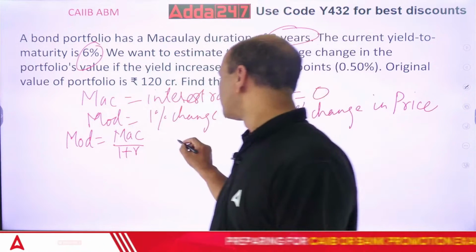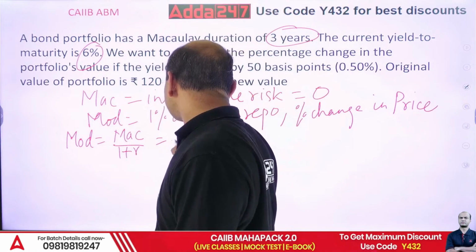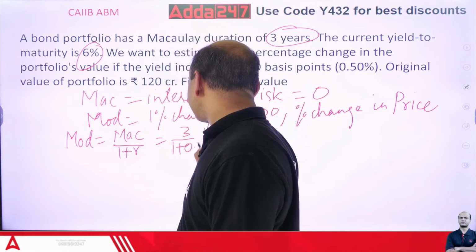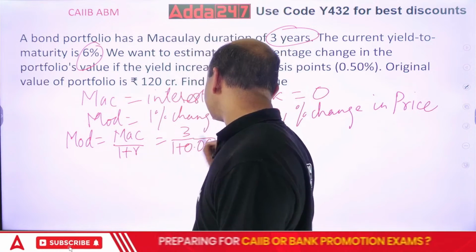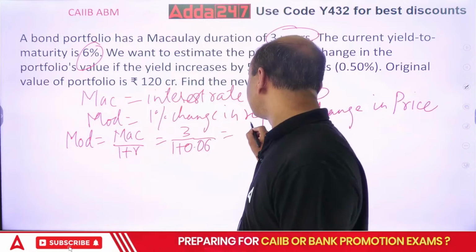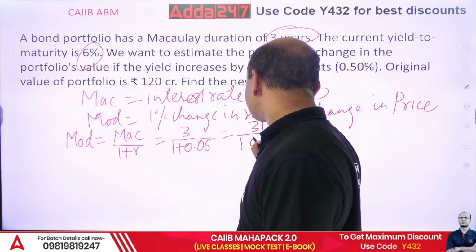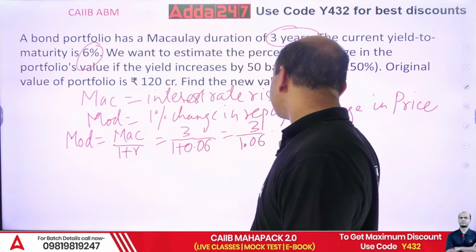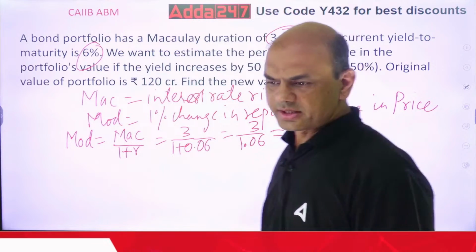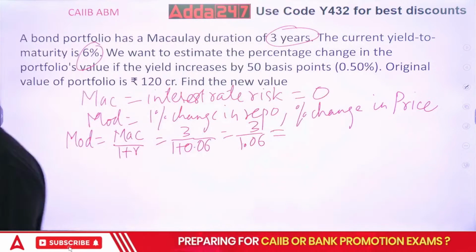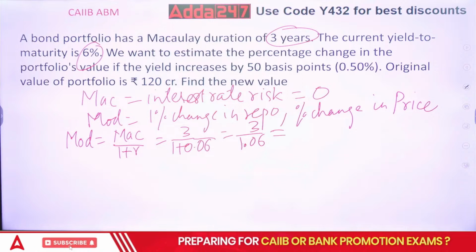So it's equal to 3 upon 1 plus 0.06, 6%. So it is 3 upon 1.06. Find the answer, and this will be in percentage.